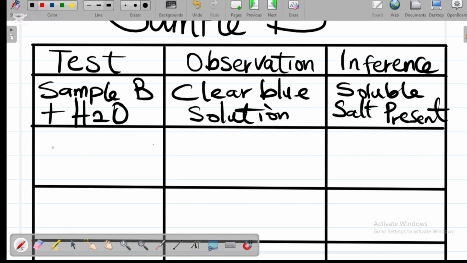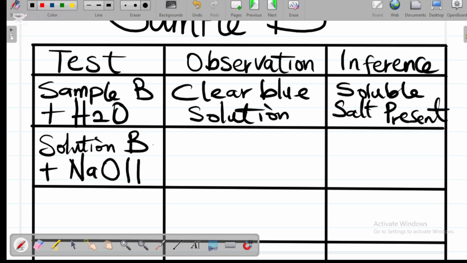The next one says dilute solution B to sodium hydroxide. So we have here solution B plus sodium hydroxide. Your observation should be what?